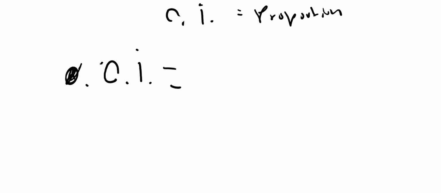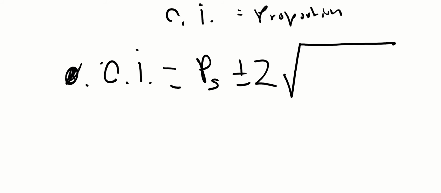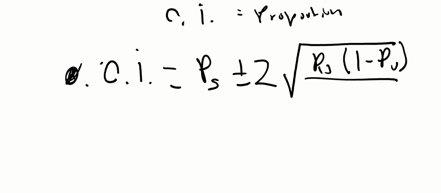I is equal to PS plus or minus Z times the square root of PU times 1 minus PU over N, right? And this PS is simply the sample proportion.